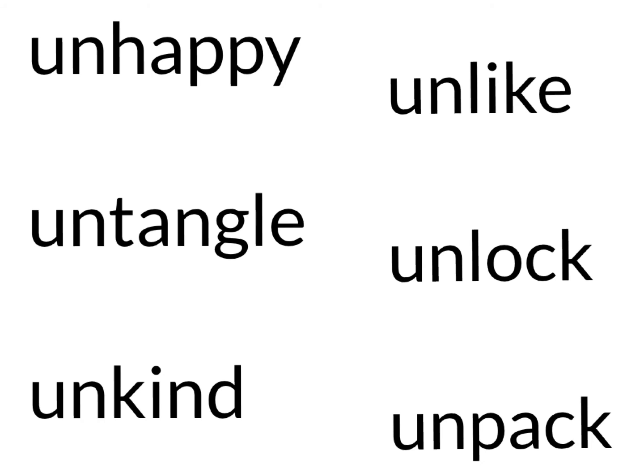We have unhappy, which means not happy. Untangle, so like not tangled. Say you have a bunch of strings that are all tangled, you want to untangle them so they will not be tangled. Unkind, that's one we're familiar with, so to not be kind.